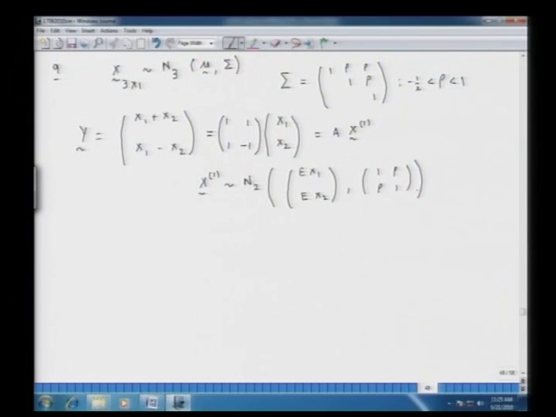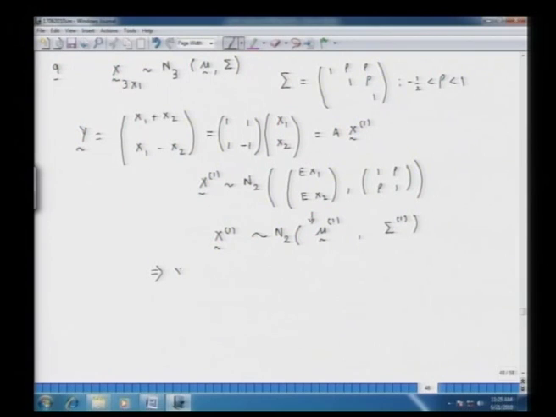So that's simple. Let us denote this by mu1 subvector and this by sigma 1 matrix. Let us have this particular notation going with n2, so that we will have this x1 random vector have this distribution, and then we are interested in finding out the distribution of y, and that's trivial.